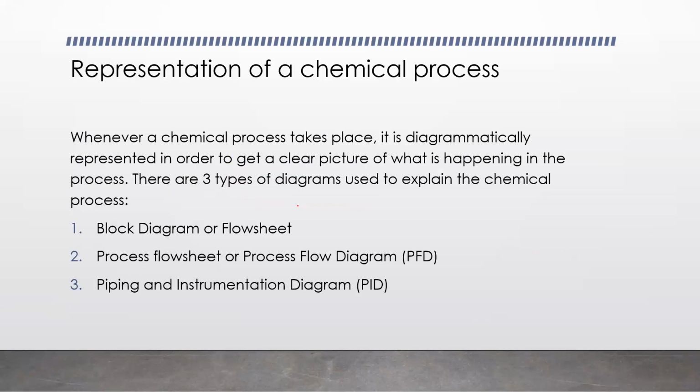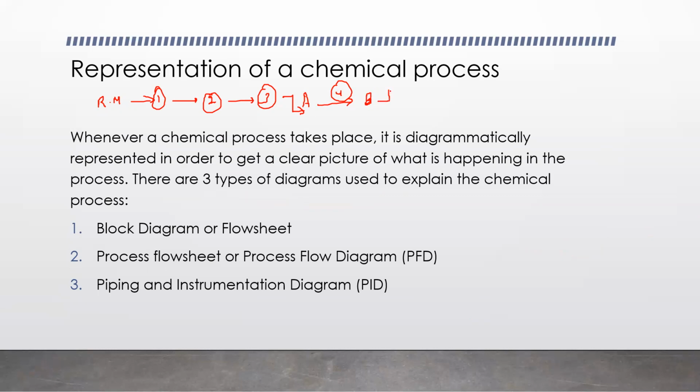All right. Now we are going to represent a chemical process. So how to represent a chemical process? Suppose I have my raw material. Now I have done, let's say, step 1 on this raw material, then step 2, performing unit operation 1, then unit operation 2, then unit operation 3, then I'm getting my reactant A. Then I'm performing unit process number 4, then I'm getting B. All right, B is my product.